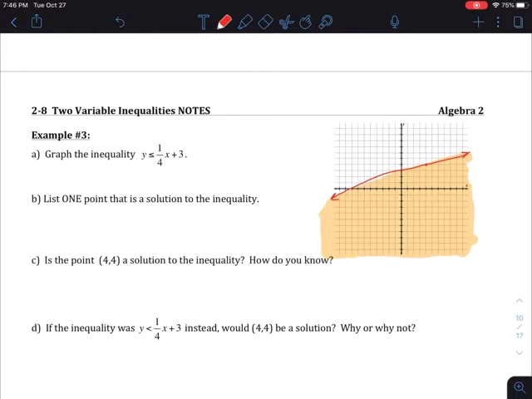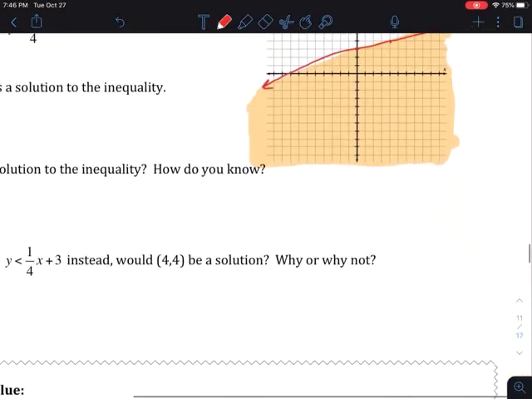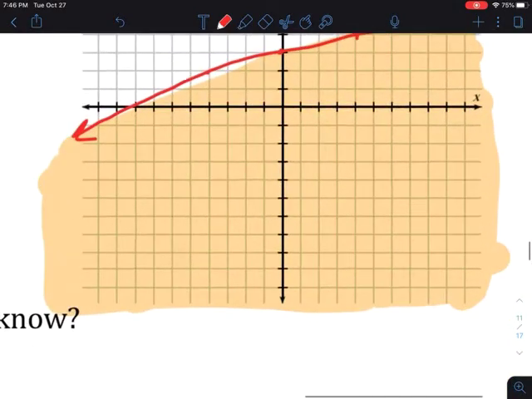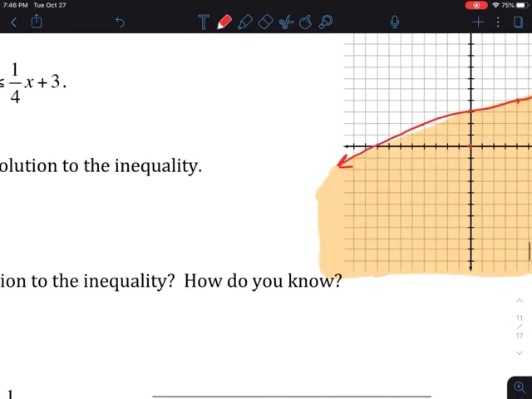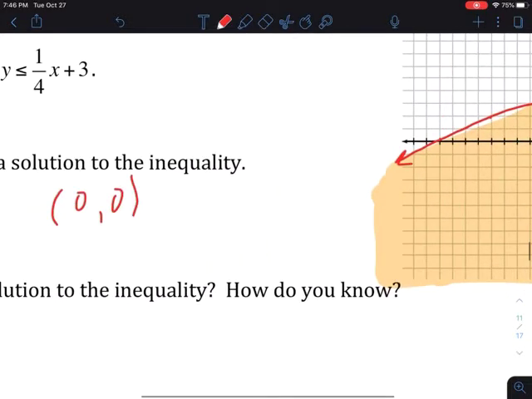Obviously, you could have many answers here, like, say, 0, 0. 0, 0 could be a solution. It's in the shaded area. What about 3, 0? 3, 0 is actually right here on the solid line. Since it's solid, that counts.